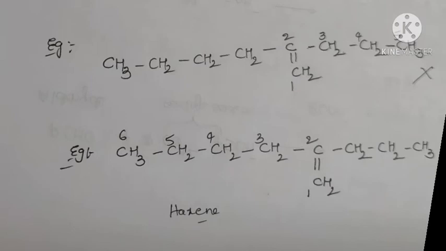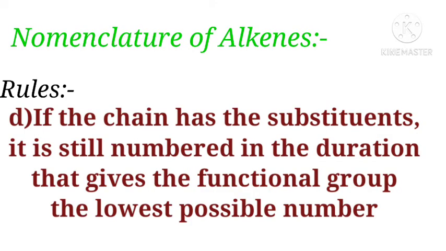The longest continuous chain has 8 carbon atoms, but the longest continuous chain containing the double bond has 6 carbons. Hence the parent name of the compound is hexene. We number it like here, 1, 2, 3, 4, 5. So, 1-hexene.